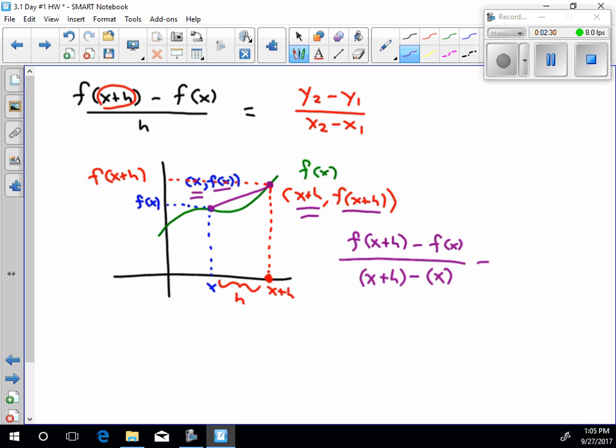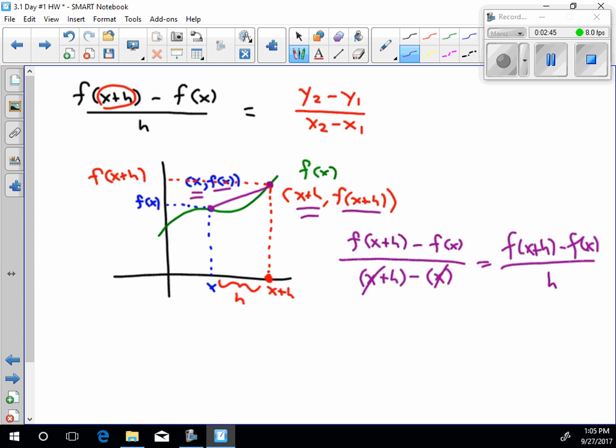Oh, look at that. What do I get on the top? I get what I had, which is f of x plus h minus f of x. And on the bottom, the x's cancel and I get h. That's just the difference quotient. That's all it is. It's generalized.